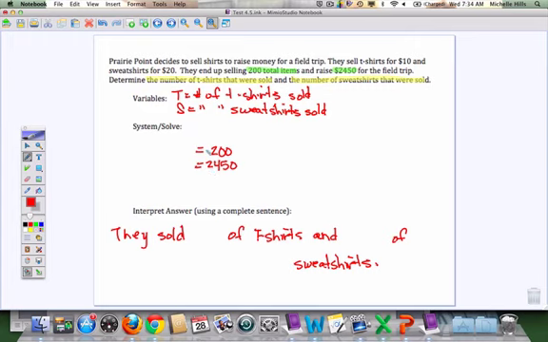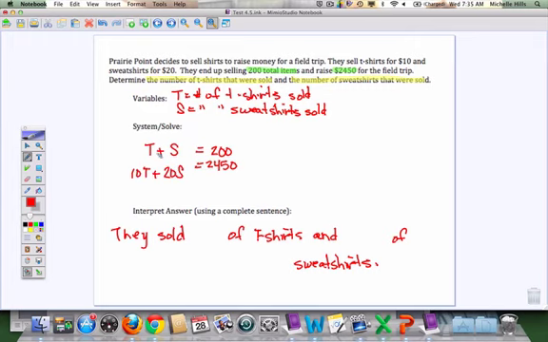Well, if 200 is the number of items, that's the number of t-shirts and the number of sweatshirts combined. And so the number of t-shirts plus the number of sweatshirts has to equal the total number of items sold. To raise the money, for every t-shirt they sell, they earn $10. For every sweatshirt they sell, they earn $20, for a total of $2,450.